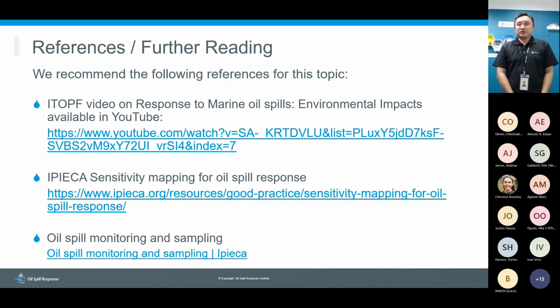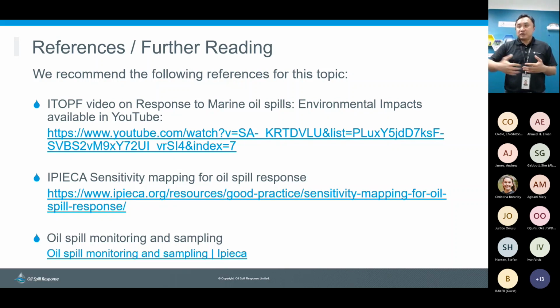So you really have to understand the type of environment that you're working in, so that you can make a good decision with regard to which response option you would be using.